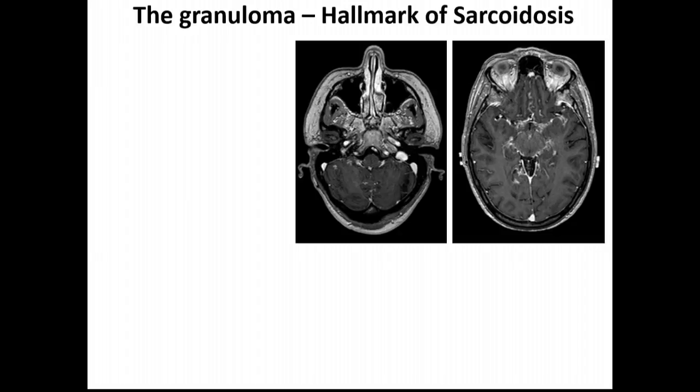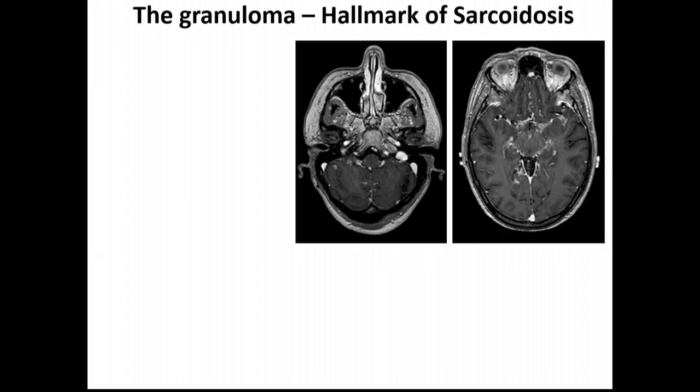So let's start with the pathology. The granuloma is the hallmark of sarcoidosis. Every MRI I'm going to show you comes from our research program and my patients. What we see here is a patient of mine with a chronic meningitis who, as part of the workup for her chronic meningitis, was found to have hilar and mediastinal lymphadenopathy, biopsy confirmed, classic pulmonary sarcoidosis.